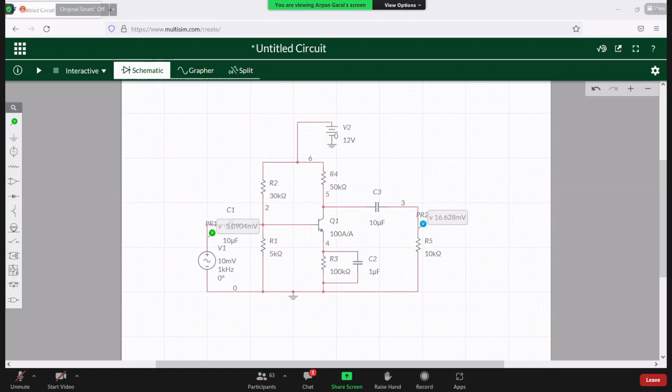Those who have done, you can slightly alter the resistance value at the output, the load resistance, and also the capacitor, and also the other resistance, also the voltage source. You just slightly alter all those values and see what changes are coming in the outputs.